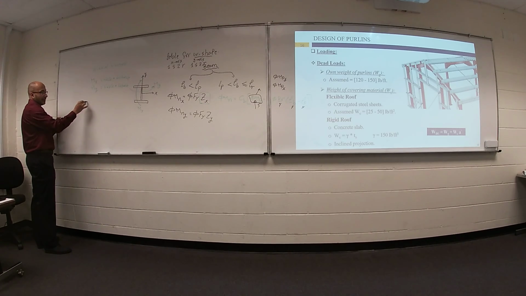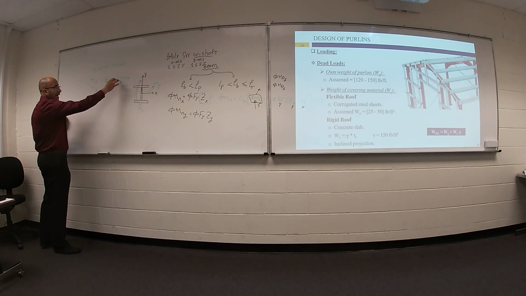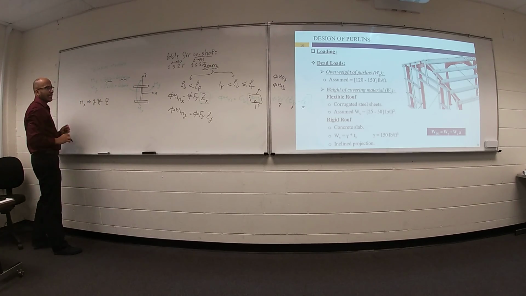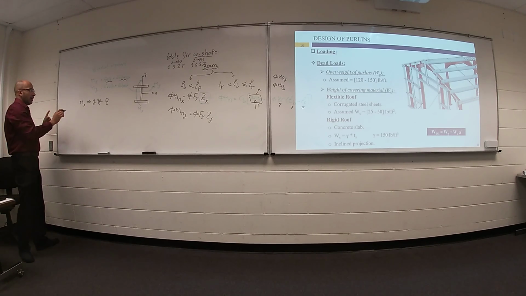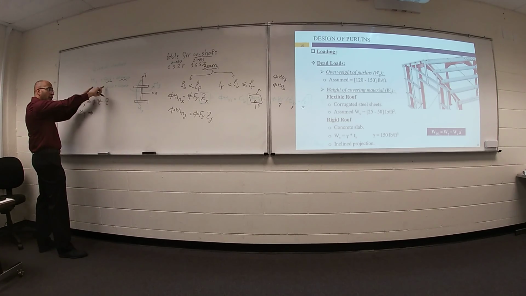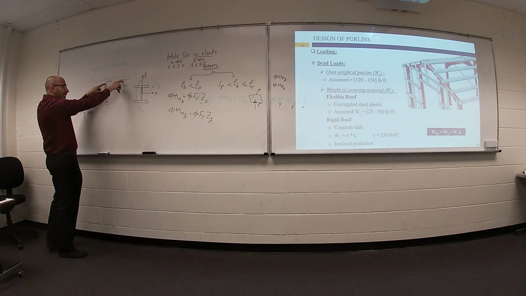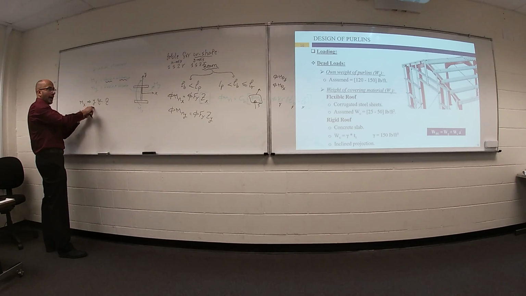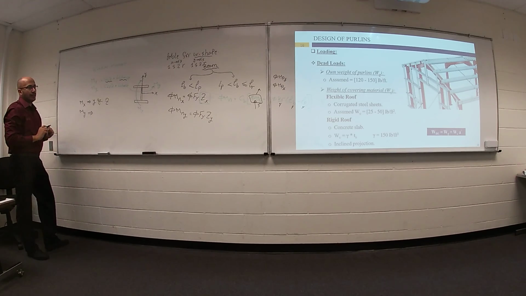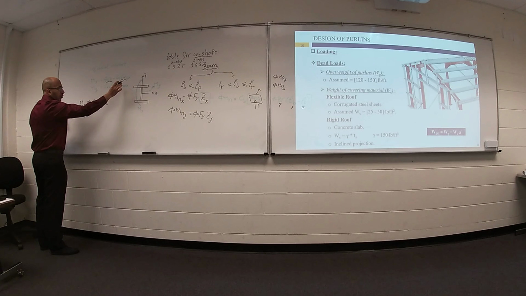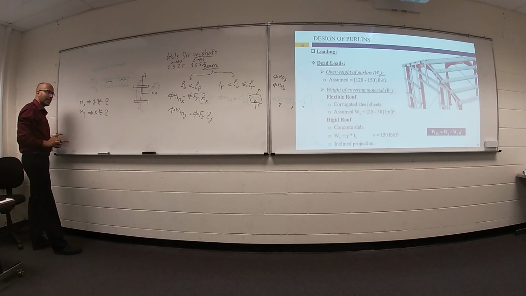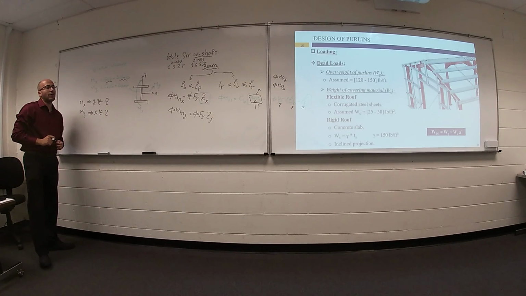Your Mx, your force, and your distance, one of them in y direction and the other one in z direction. If you would like to get My, any moment, force times distance. If your force and your distance, one of them in y direction and the other one in z direction, the product equal moment about x. If your force or your distance, one of them in x direction and the other one in z direction, the product equal moment about y.